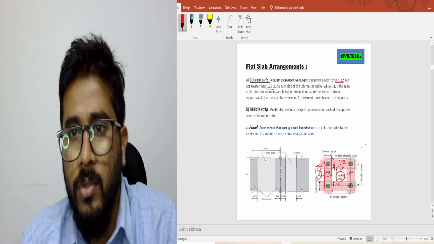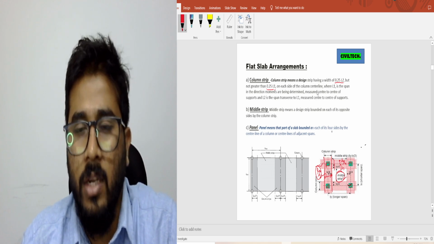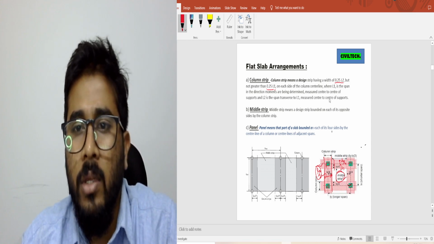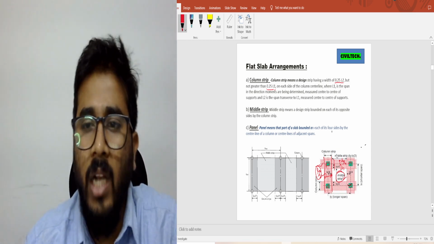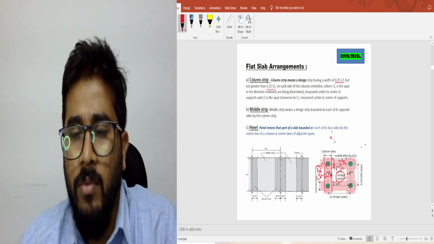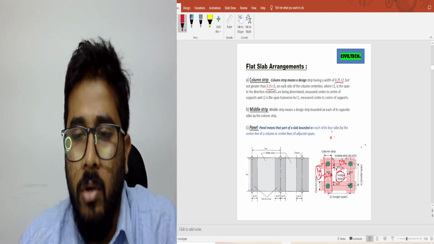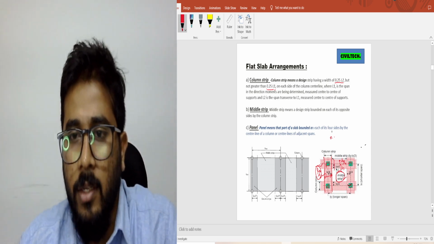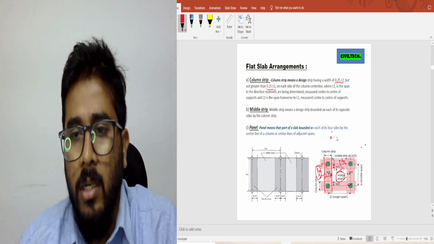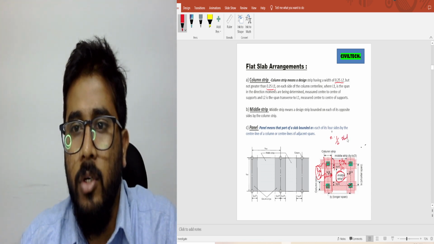This is very confusing, and if you read this line you will be a little confused. So don't think about L1 and L2. Always remember the column strip is 1/4 of the shorter span on each side, from the center line. The total width of the column strip is half of the shorter span.